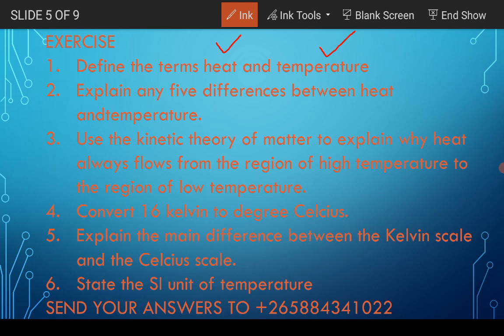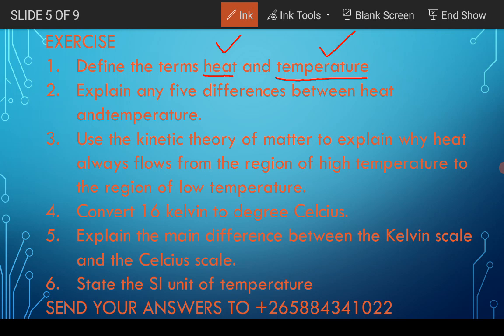No matter how long a definition appears to be, the mark allocated to a definition in physics is 1 mark. You also define temperature as the degree of coldness or hotness of a substance. Again, that is worth a mark. So you cannot have a definition that is allocated more than 1 mark.